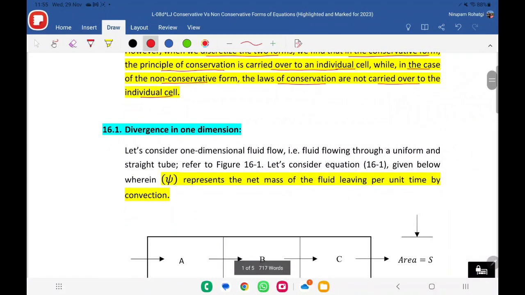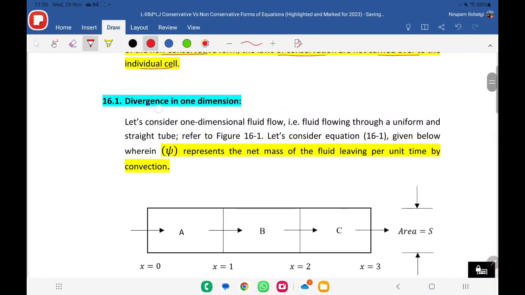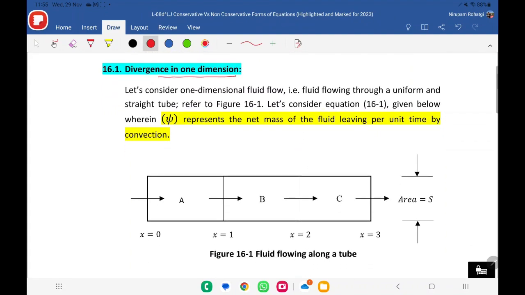Okay. So, we are talking about divergence in one dimension. We are just taking one example, small example. So, now this is our element. There are three, can say, cells or three elements which are next to each other, okay, and this psi represents the net mass of the fluid leaving per unit time by convection or advection, properly known as advection.